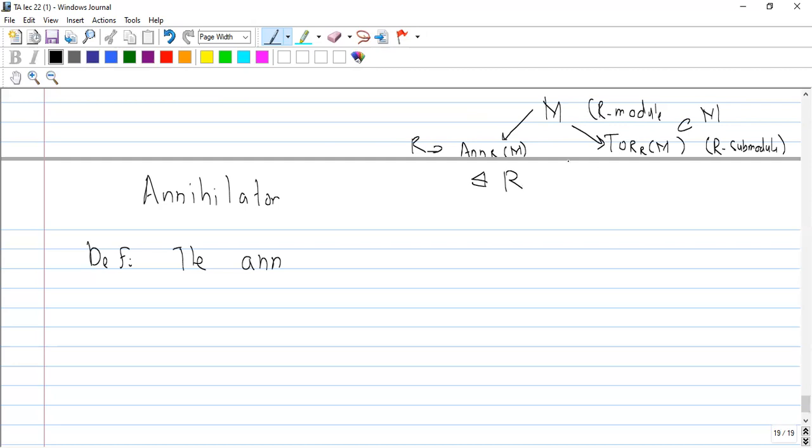And now I am attaching one more thing with M, where M is an R module, a subset of R, which would be an ideal of R. So first we will see the definition of the annihilator, then I will prove that it is an ideal, and then we will see a few examples of annihilator.